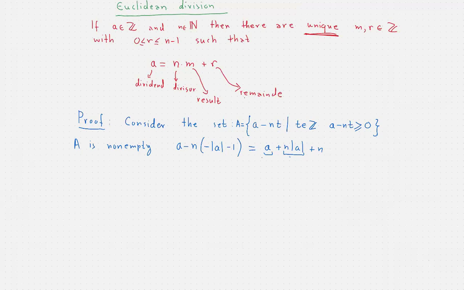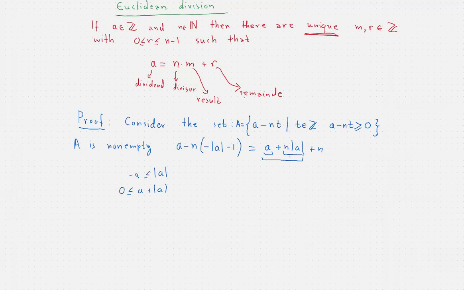Okay, so this is because the absolute value of A is greater than or equal to negative A, so you can see that A plus |A| is greater than or equal to 0, and certainly if you multiply by N, which is at least 1, you will still get a greater than or equal to 0 number.